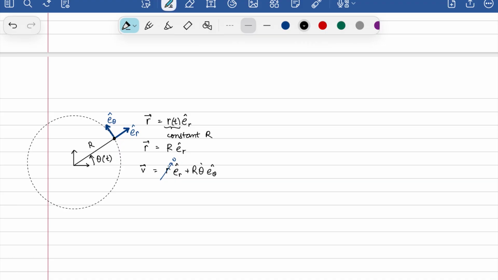And what about the acceleration? According to the polar coordinates, you had r double dot minus r theta dot squared e_r hat plus 2 r dot theta dot plus r theta double dot e_theta hat, right? Again, this goes to zero because R is a constant. R dot also goes to zero because R is a constant.